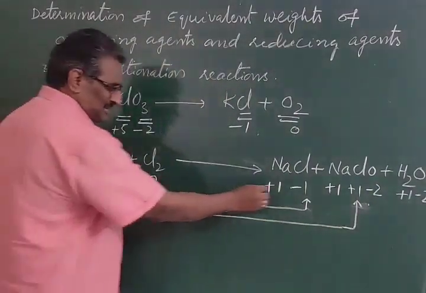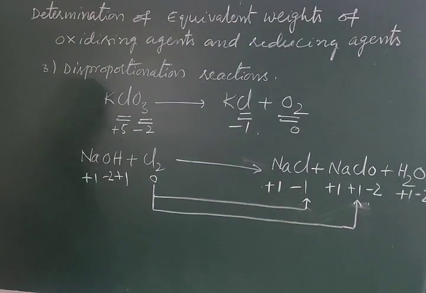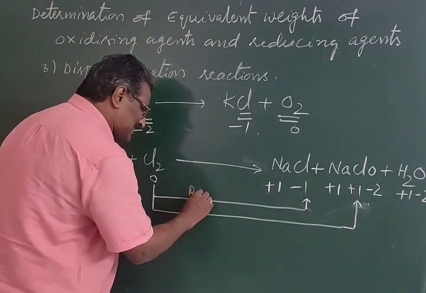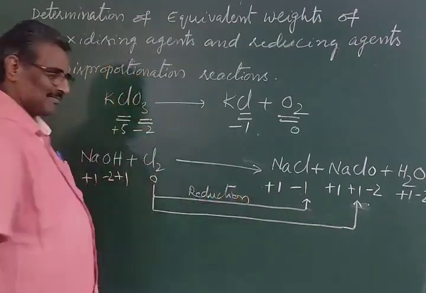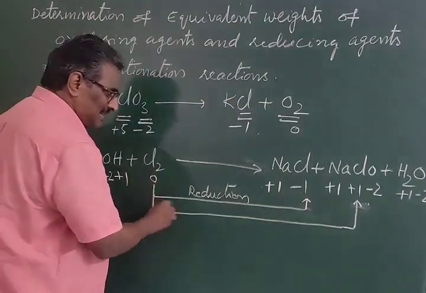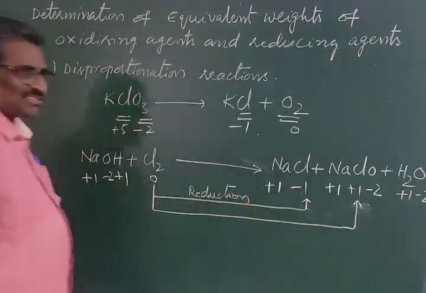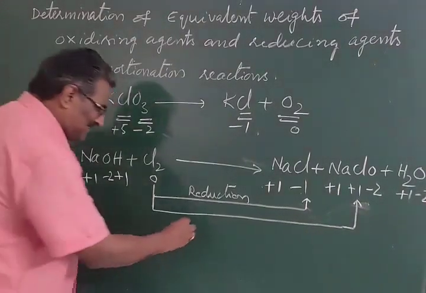0 to -1 is a decrease in oxidation state. Decrease in oxidation state is called reduction. Chlorine with the 0 oxidation state is changing to +1 oxidation state.